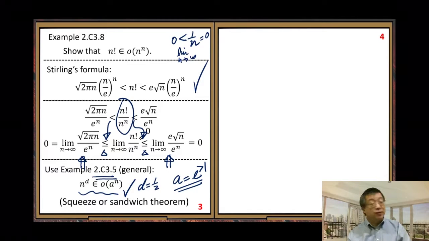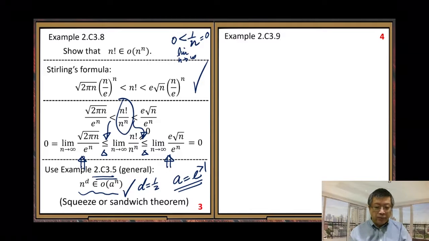For this question, you can see we need to use a key result, the Stirling formula, and then the squeeze theorem, or sandwich theorem. So try to understand. You need some special knowledge here.